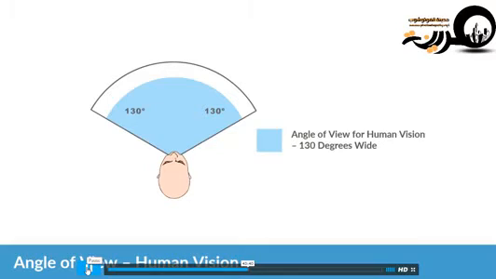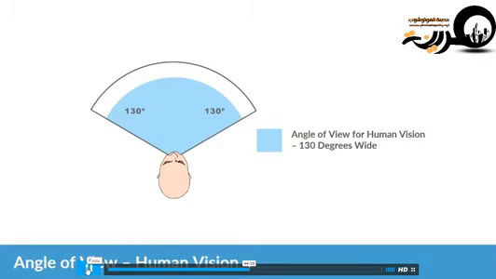Now, this might seem very, very wide. But there is a big difference between the width of view that we can see and the width of view that's actually in focus. It's not 130 degrees that's in focus. The extreme left and right of our angle of view is our peripheral vision, and in this area all of our vision is blurry.